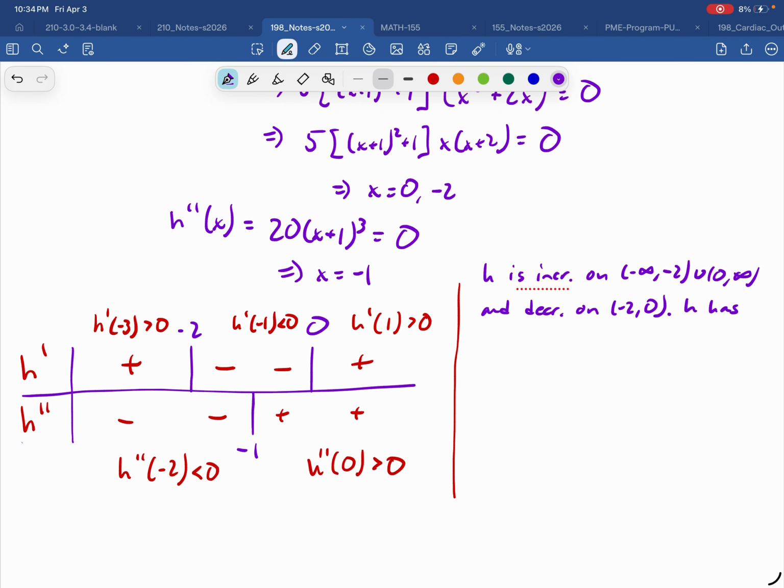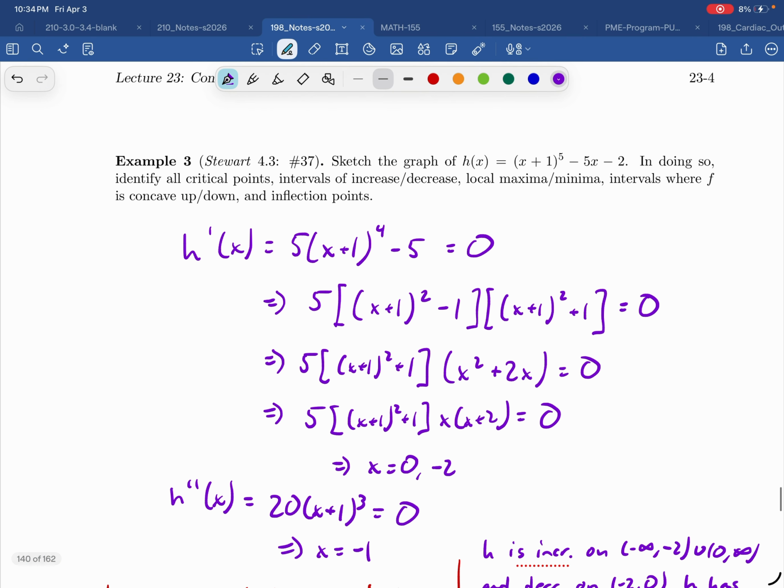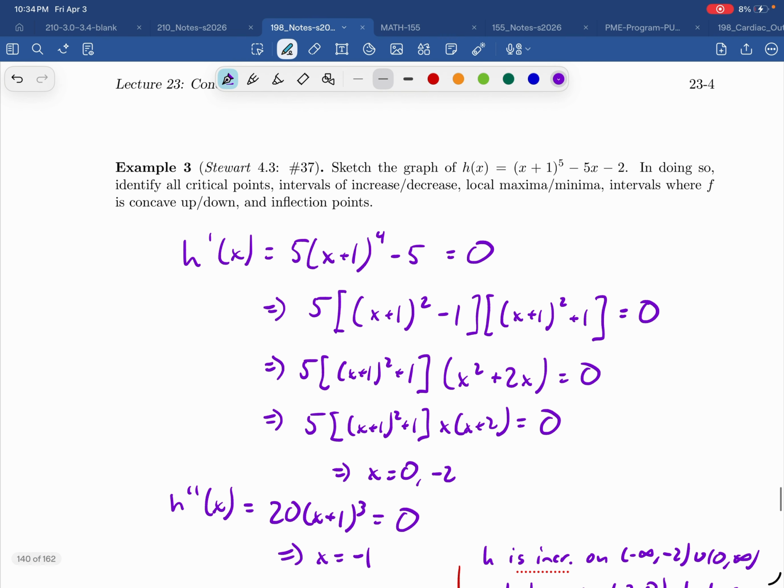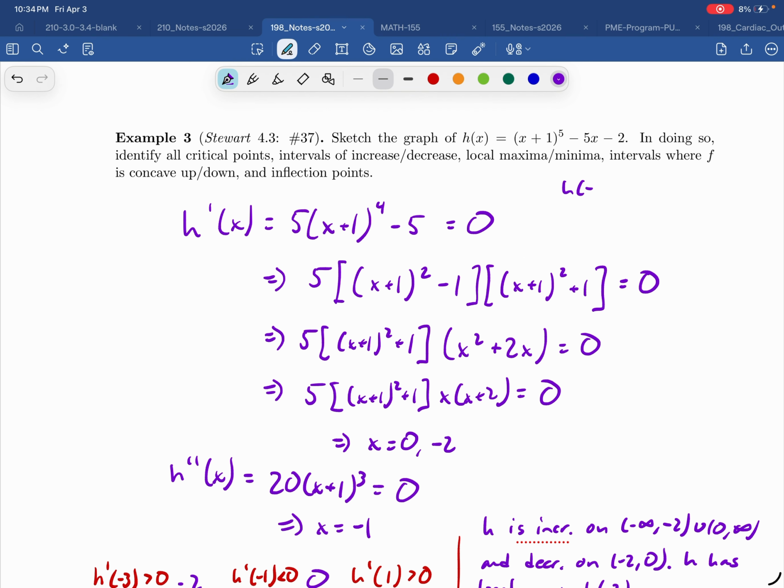H has local maximum h of -2, which equals, if we plug that in, and just do that scratch work over here, this will be -1 to the 5th plus 10 minus 2.